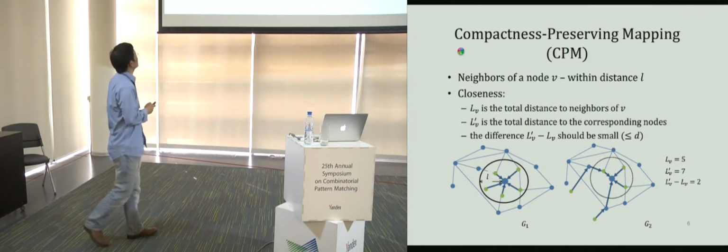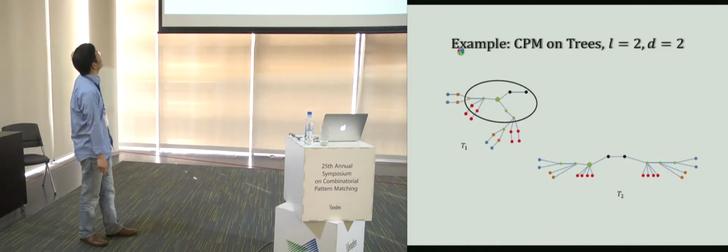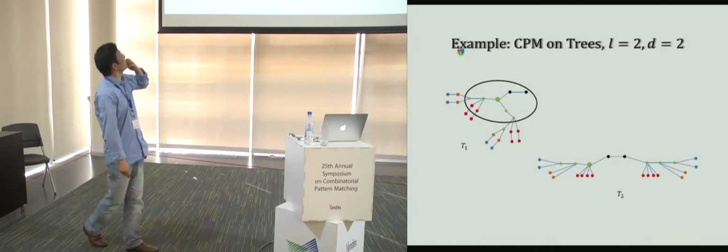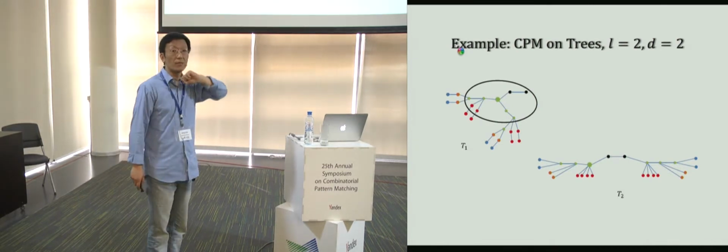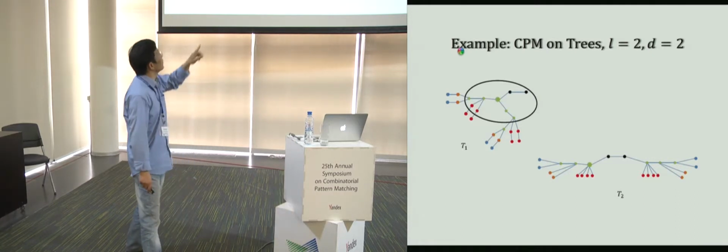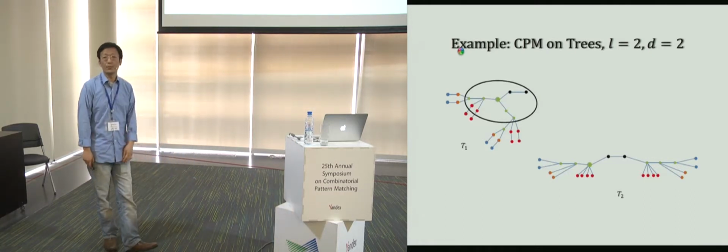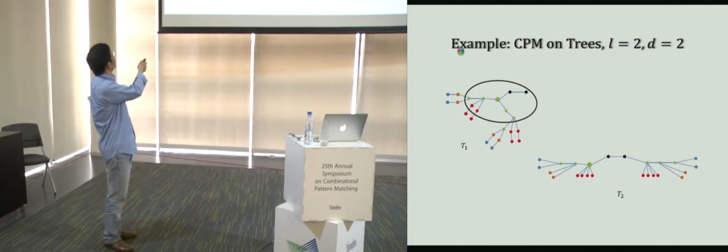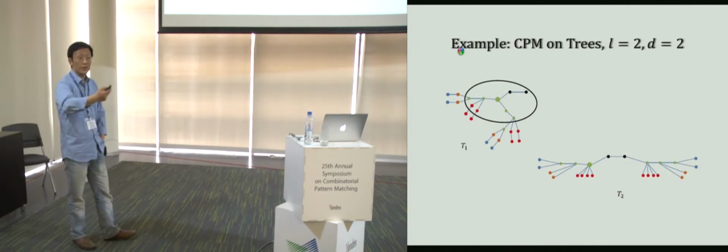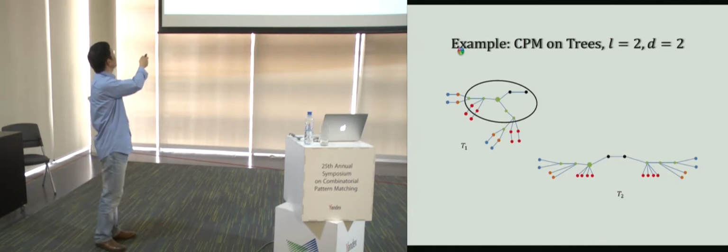Let's look at some more examples here. If we consider the labels which have distance at most 2, and the difference is bounded by 2, okay? So we can see that here, this is V. The vertices which have distance 2 to this V are these guys.